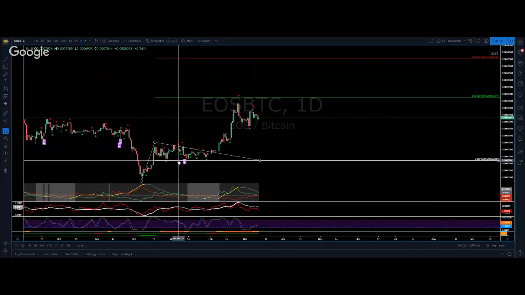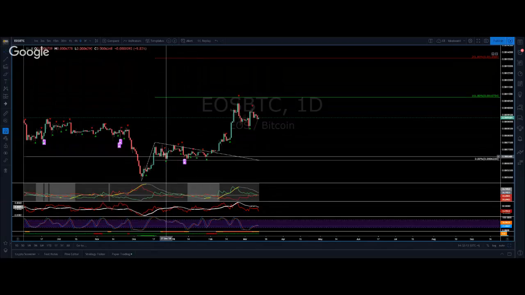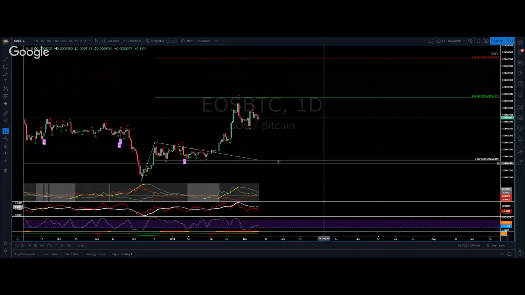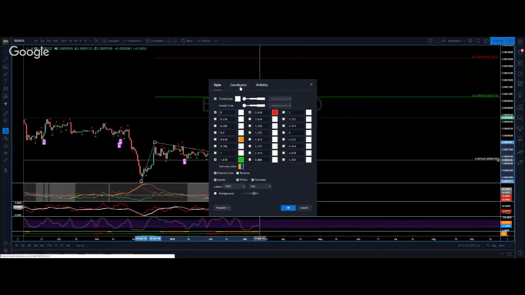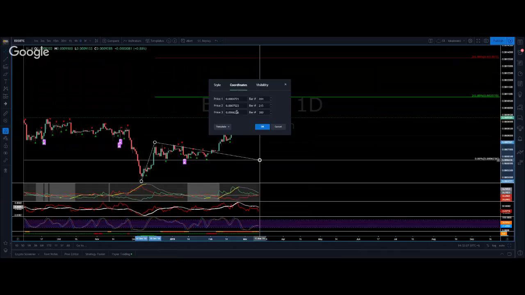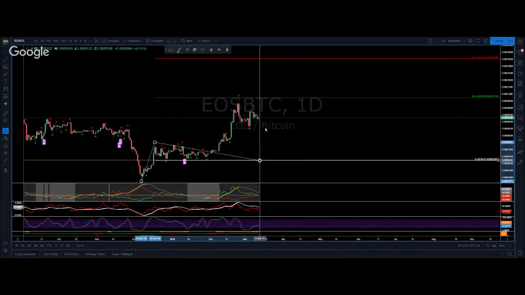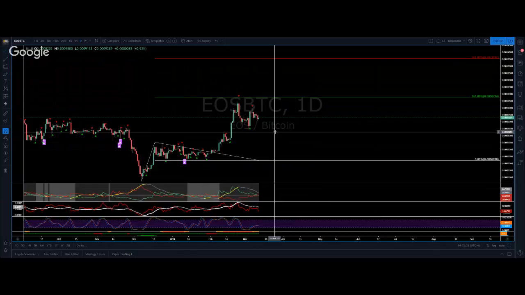The start of wave 3 is down here, and I'm basing it off of this low, which is at exactly 6,200. I've got this a little off, so let me just fix this real quick. This is my coordinates. I'm going to set this to 6,200. So that's where the start of wave 3 technically would be.